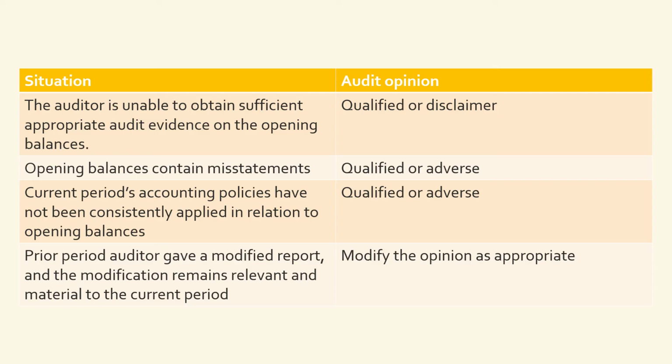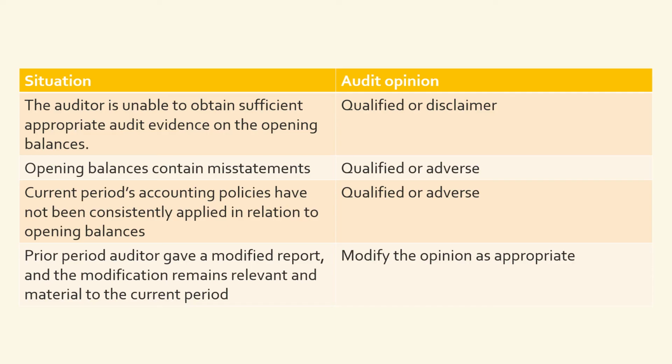If the current period's accounting policies are not consistent or have not been consistently applied in relation to the opening balance, with a different set of accounting policies used in the opening balance and a different set used in the current period, then the auditor will have to modify their opinion. And finally, if the prior period auditor gave a modified report and the modification remains relevant and material to the current period, then the opinion on the current period will also be modified as appropriate.